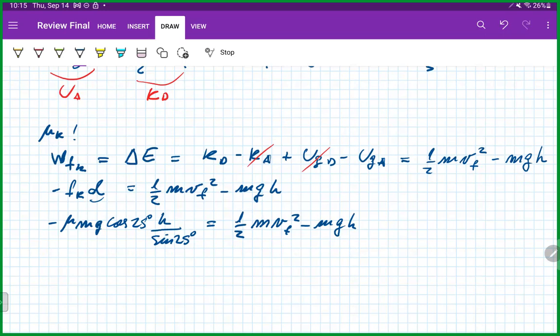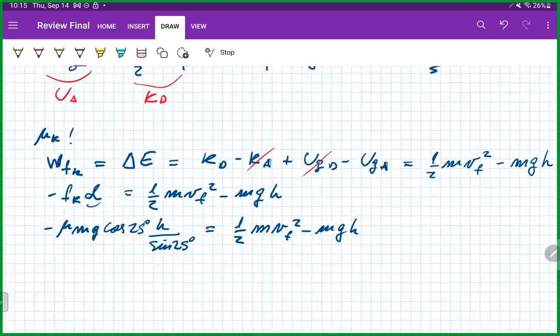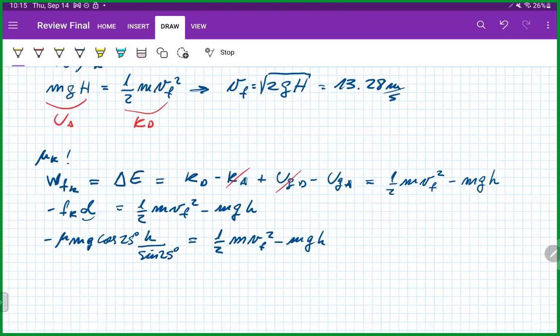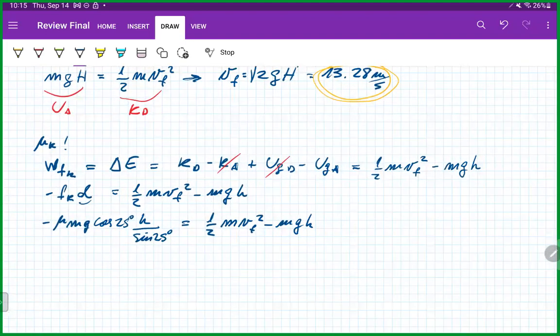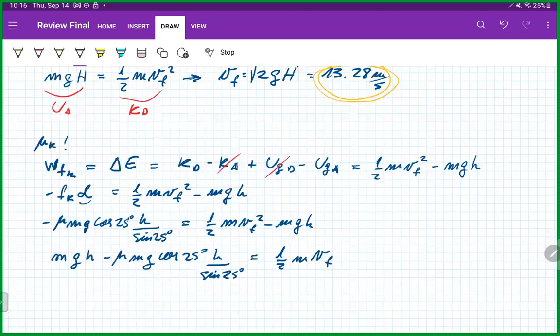Let me rephrase this. We want to get h out of this, and we have the final velocity calculated from before, because we want to match this speed right here. So we have mgh minus mu mg cosine 25 h over sine of 25 equals 1/2 m v final squared.